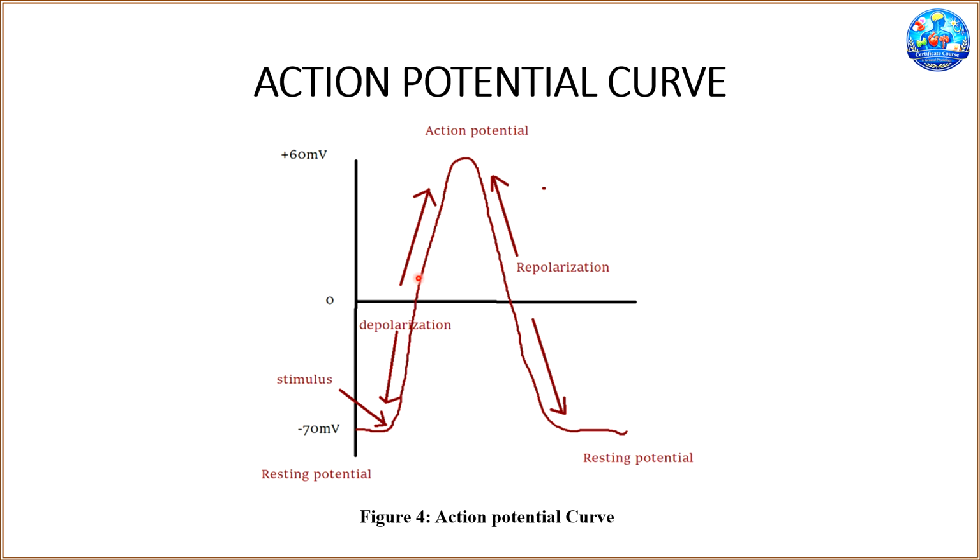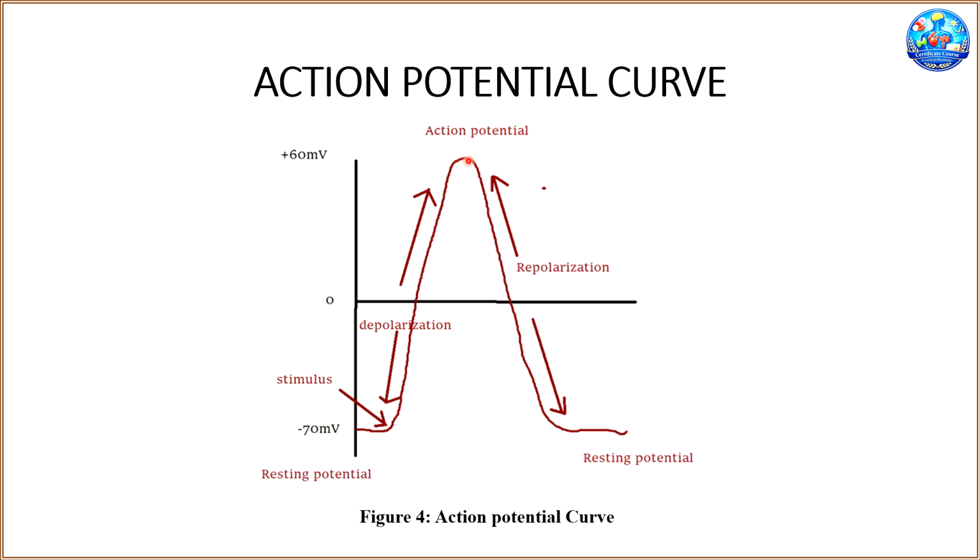We call this the avalanche effect, because there is a rush of sodium ions into the membrane, which leads to a shift in the potential, and it reaches the action potential. The maximum, which we call the action potential, is around +55 millivolts.